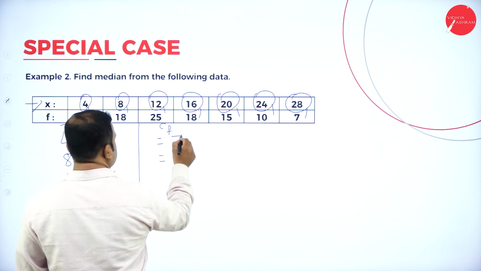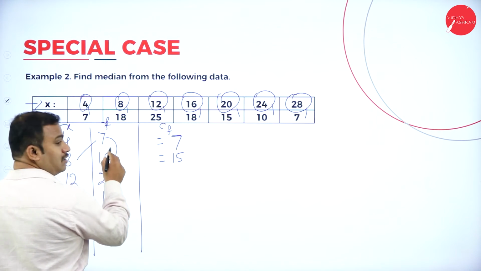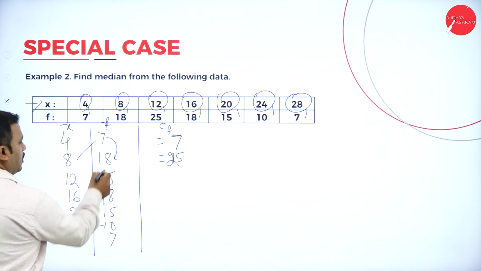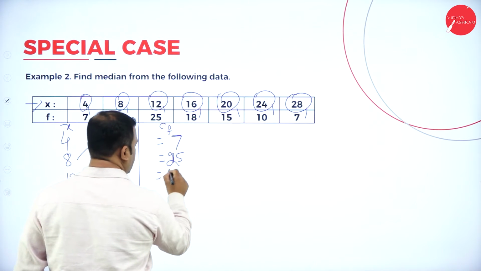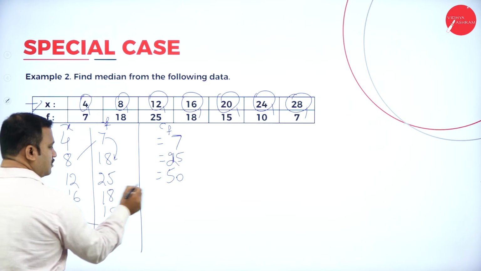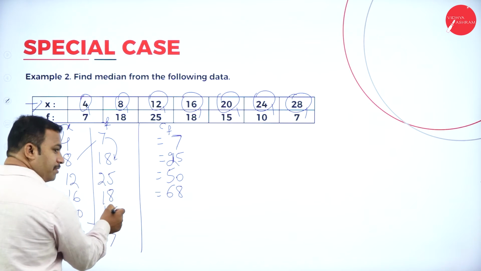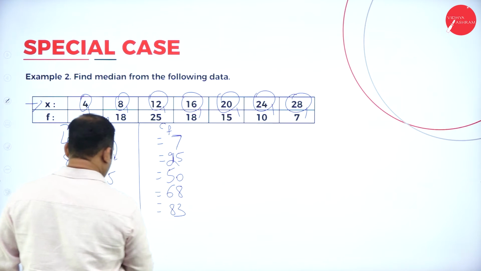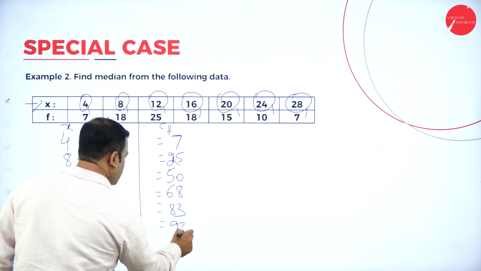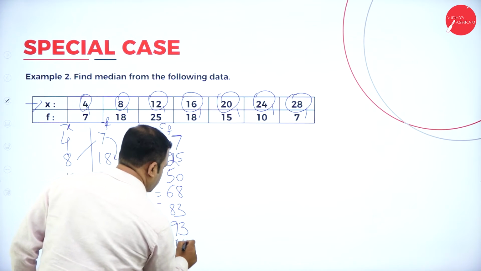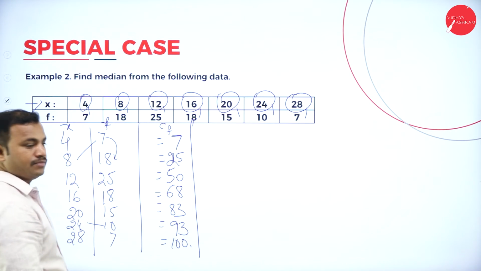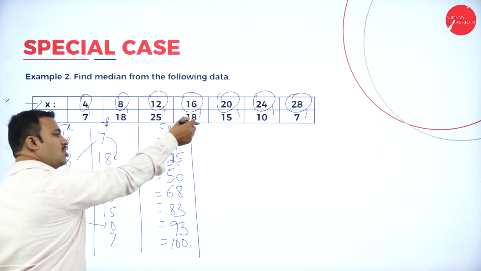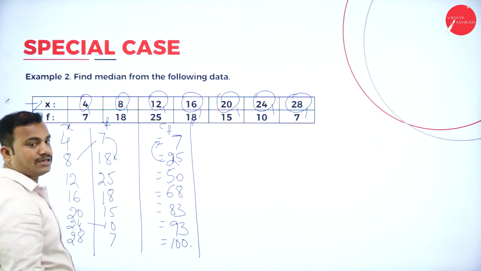In this case, we have 7, then 7 plus 8 is 15, then 25. 25 plus 25 is 50. 50 plus 18 is 68. 68 plus 15 is 83. 83 plus 10, we have 93. 93 plus 7, we have 100. So this is the cumulative frequency, where the present state depends on the previous state. The first one is not dependent on any other state because it is the first state.